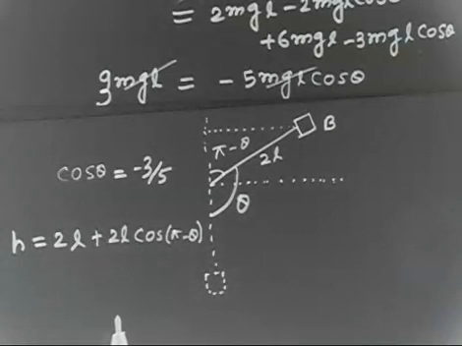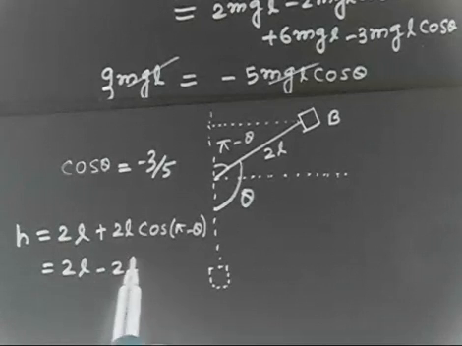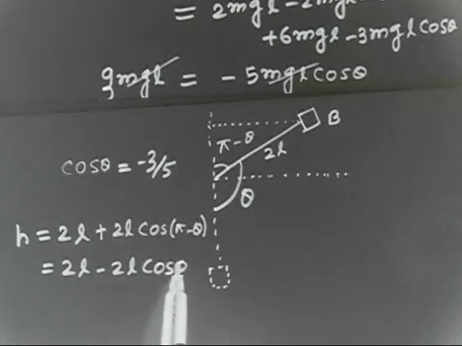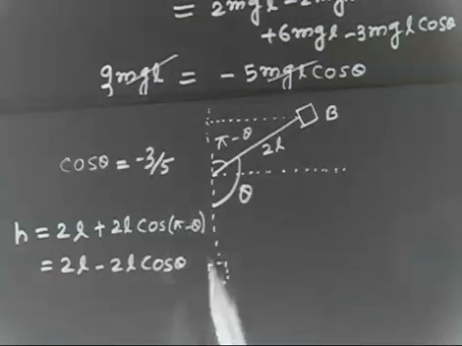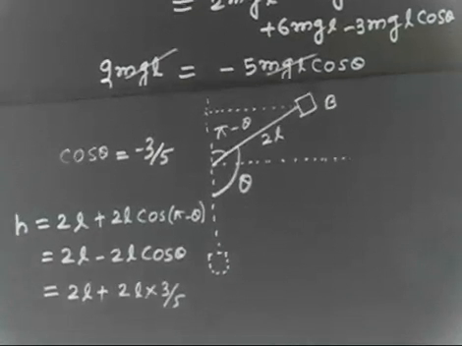And everybody knows cos(pi minus theta) is minus cos theta. So 2L minus 2L cos theta, and the value of cos theta is minus 3 by 5.